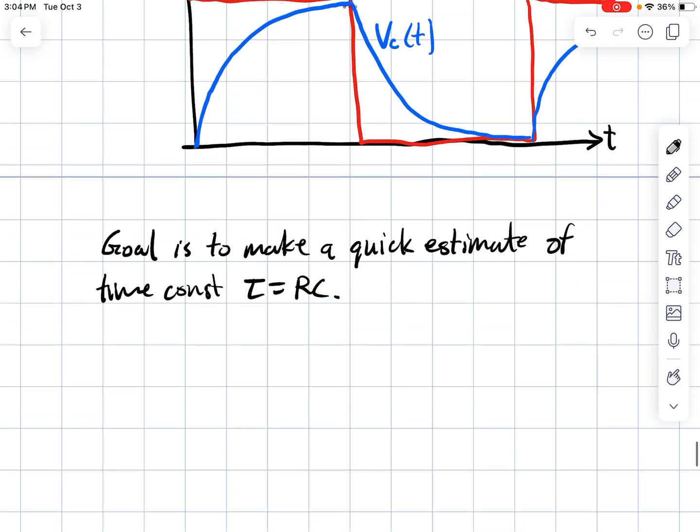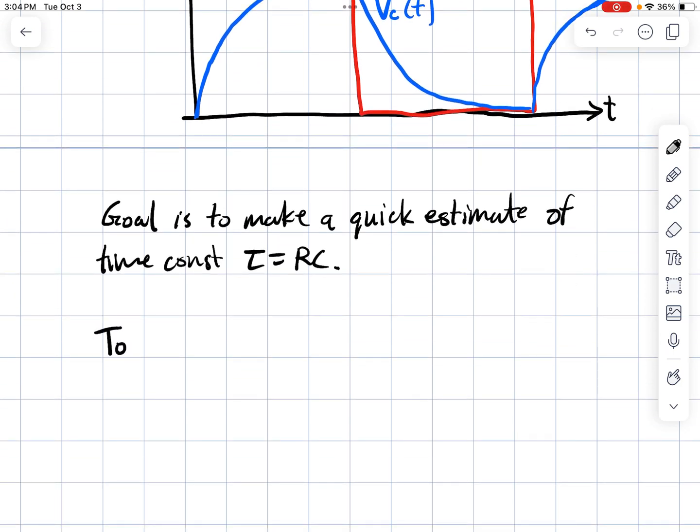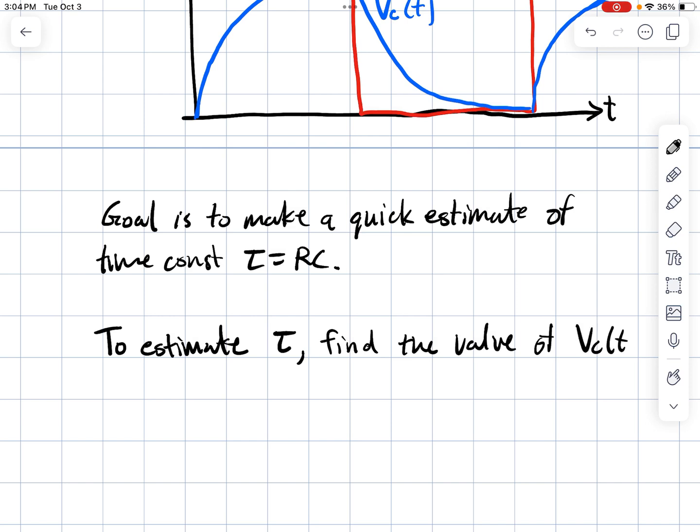So to estimate tau, we're going to find the value of the voltage across the capacitor when t is equal to tau. Okay, so what's that going to do for us? We know that Vc is equal to V naught e to the minus t over tau for the discharging case, and that's the case I think we'll focus on.